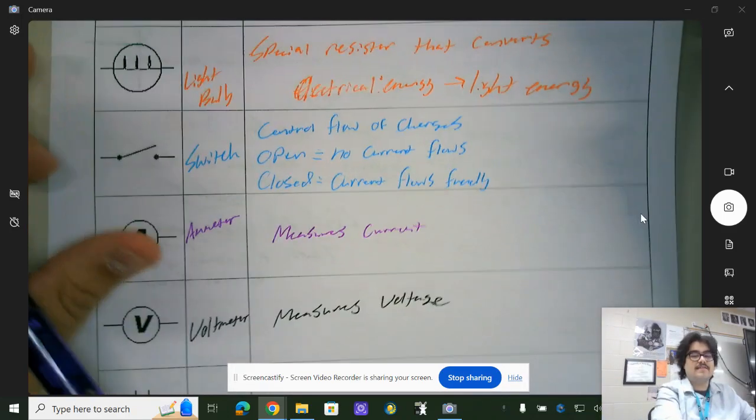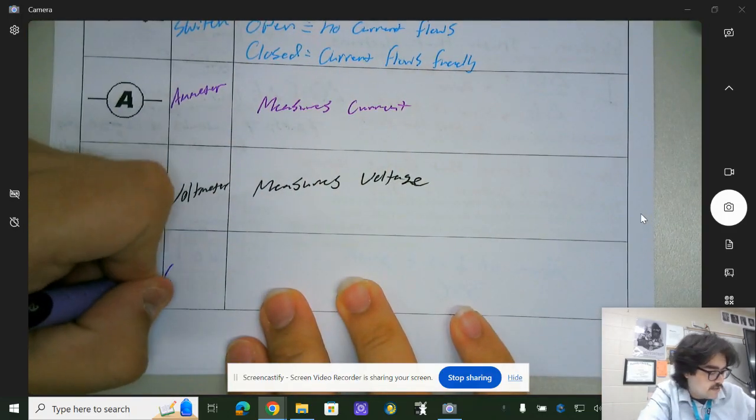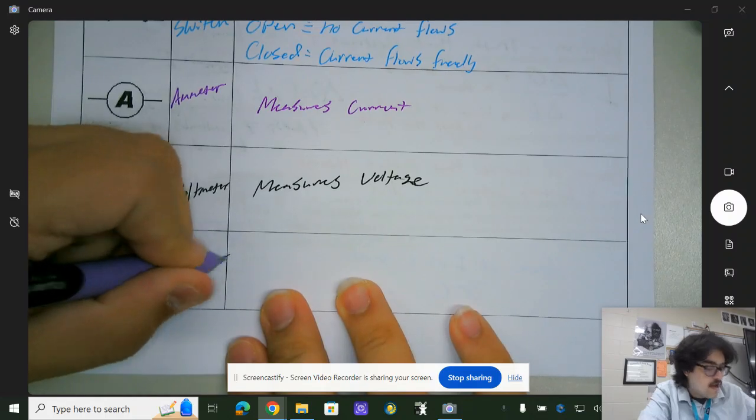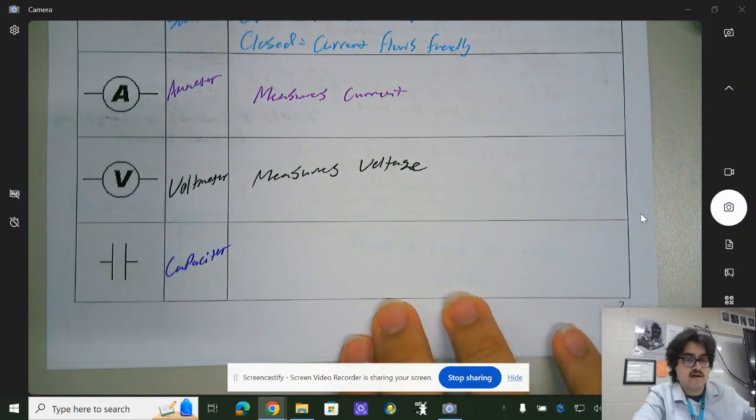And finally, this last one down here is called a capacitor. We don't really use capacitors in this unit, but you still need to be familiar with it.